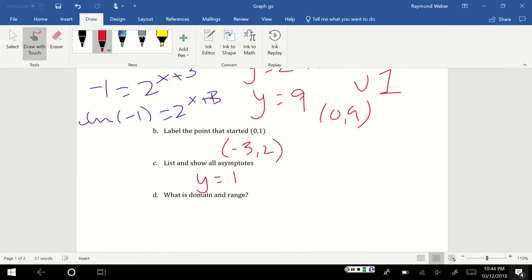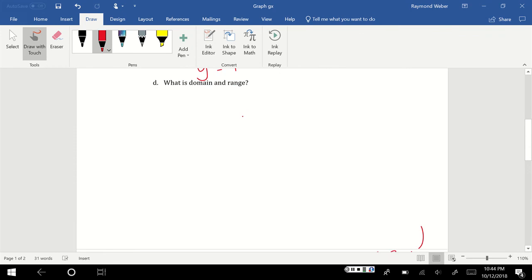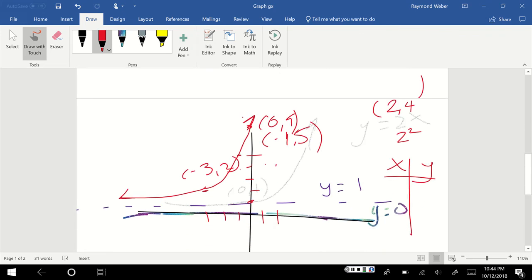Then our last thing is domain and range. Now you can translate this if you want. We can also look at this. So I look at my domain, my x values. Well, that can be anything. I'm just expanding away. Now my y values can only come down as far as the asymptote. It's not going to go below that.